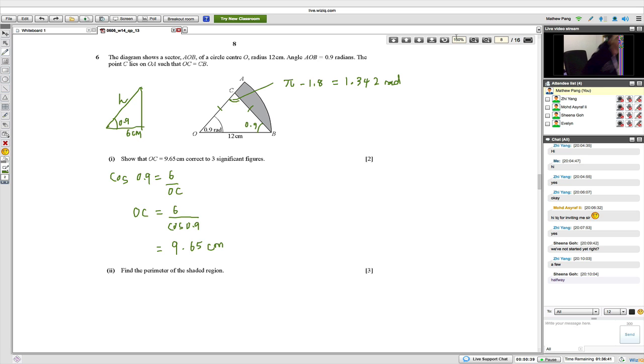Okay, so you need to find the perimeter of the shaded region.